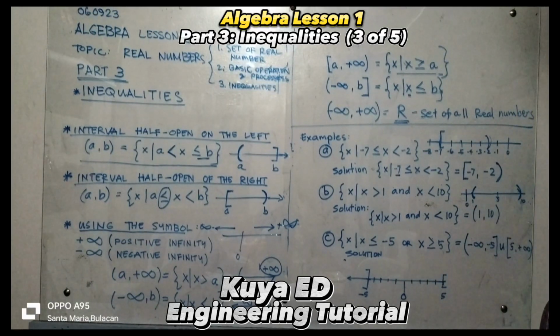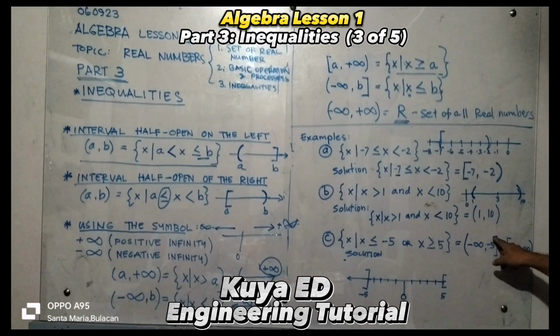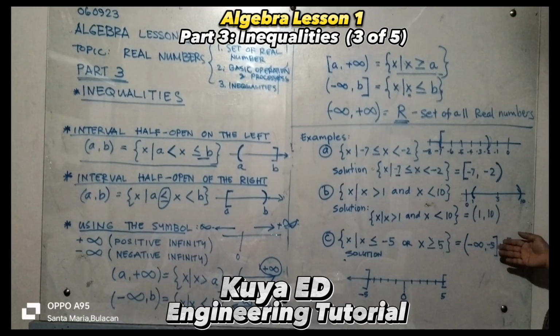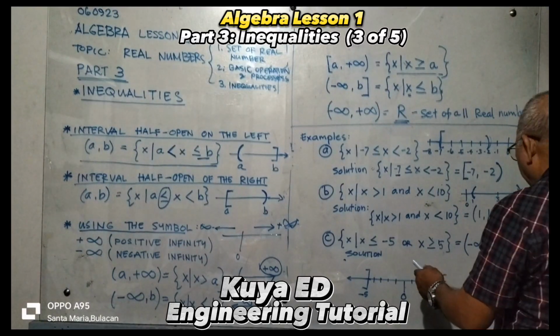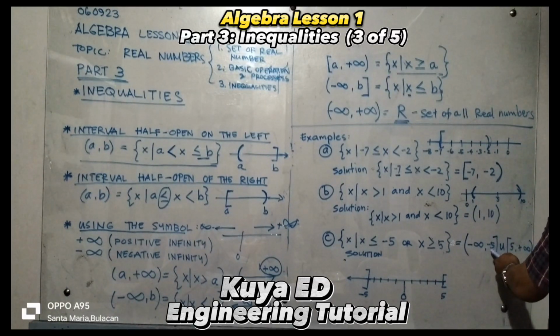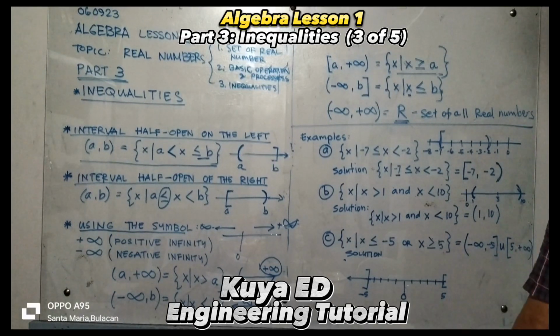So, to interpret that, take note that the 5 here is set, whereas since we are using here a what we call a, it started here, therefore this is a negative infinity.